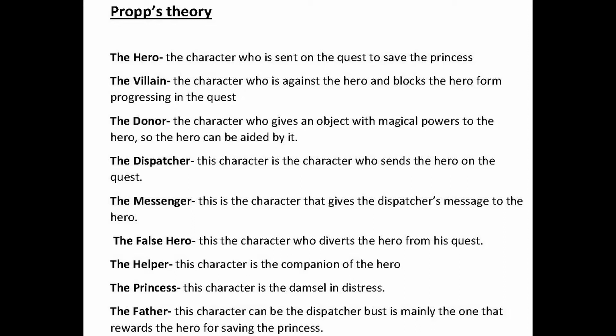But in this case, the dispatcher can also be the father. Mainly, though, the father is the person who gives the reward to the hero. In fairy tales, the reward tends to be the princess herself. So the father gives permission for the hero to fall in love with or marry the princess.